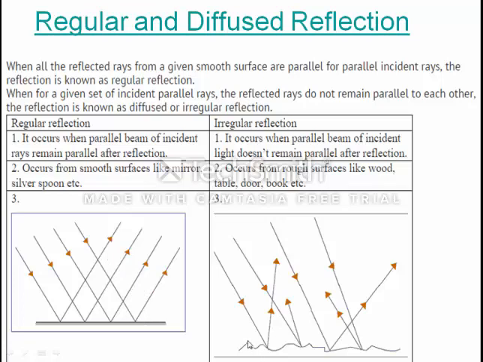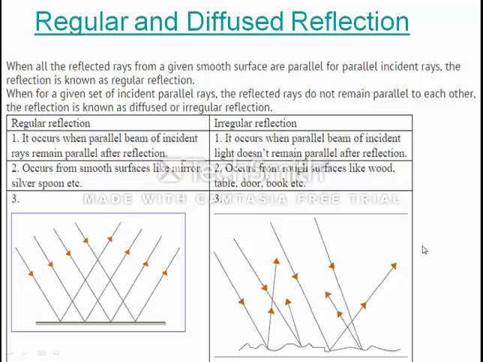But if the surface is not smooth, though the incident rays are parallel to each other, the reflected rays are not parallel to each other.